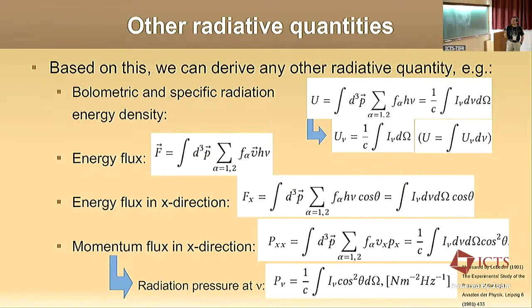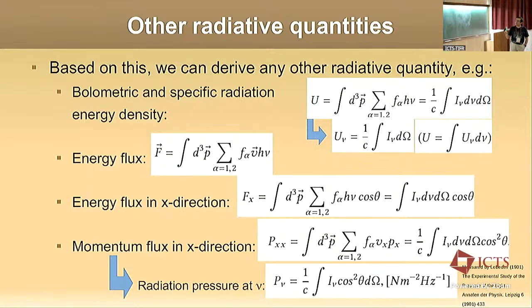You can also do vector quantities. So for example, flux is a vector quantity because energy flux is how much energy is flowing through a particular place.